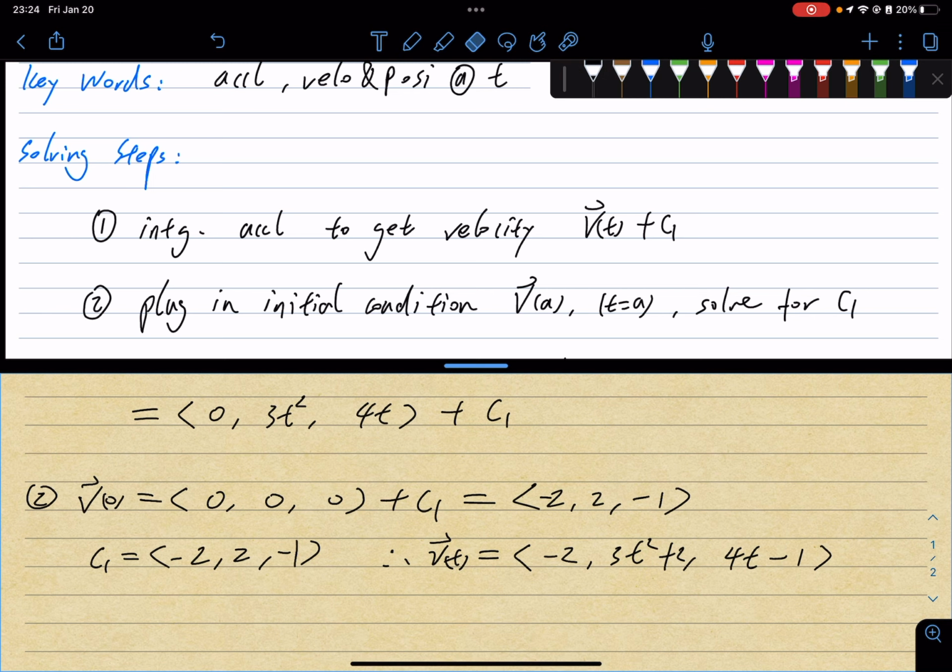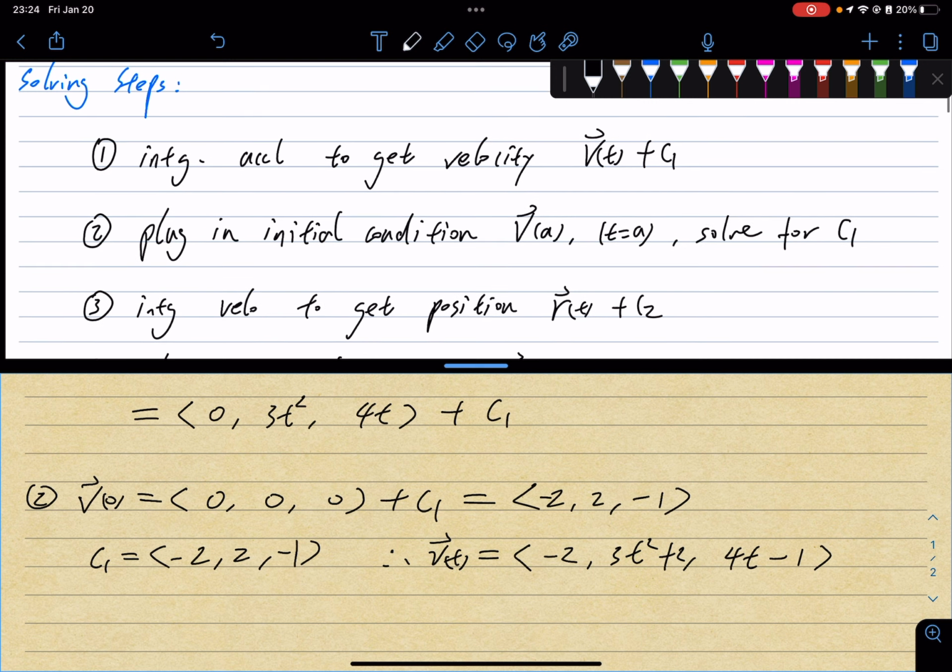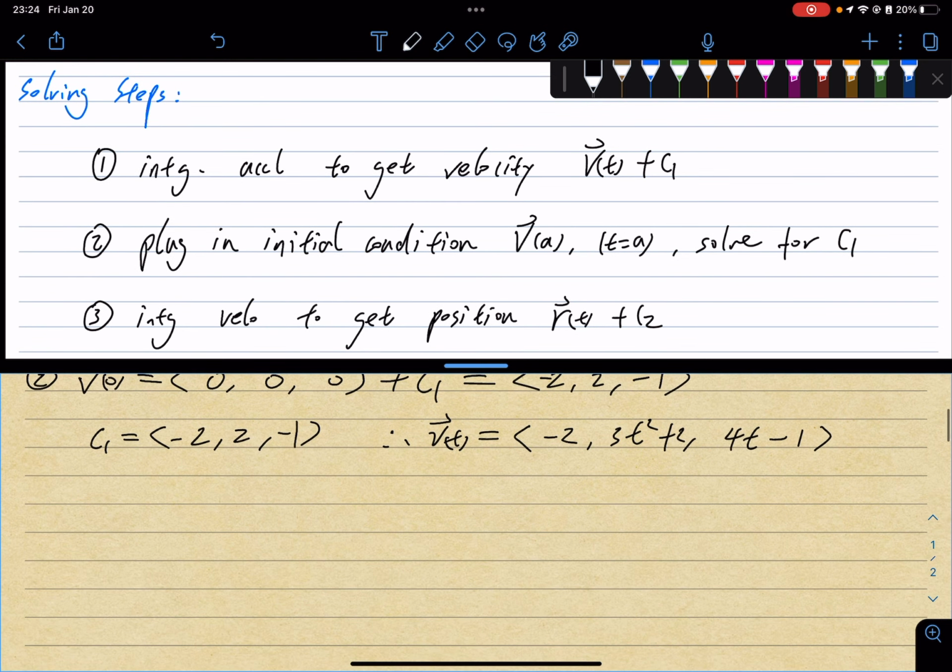All right. So the third step, we're just going to repeat this process again. Instead of integrating from acceleration to velocity, now we're integrating velocity to get position. So r of t equals, we're just going to integrate velocity again, v of t dt plus c2.